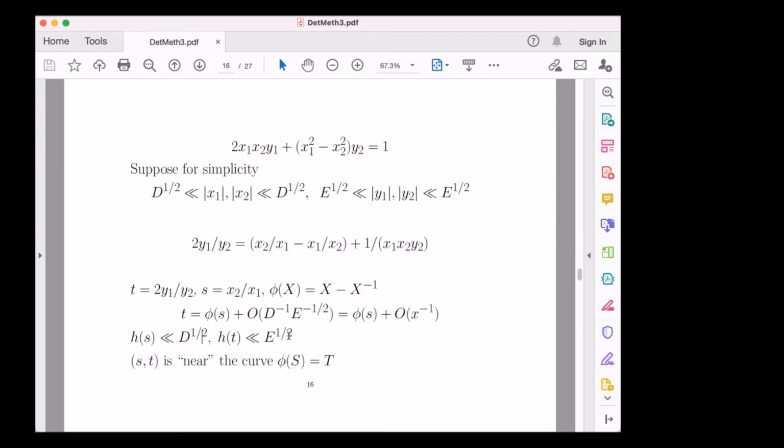So what I'm doing now is counting points s, t near the curve phi s equals t, with bounds on the height of s and t, and near meaning within order x inverse. So instead of having to worry about a threefold, I'm now concerned with a curve. And that's not only simpler, but it's going to, as I explained, give a stronger result.